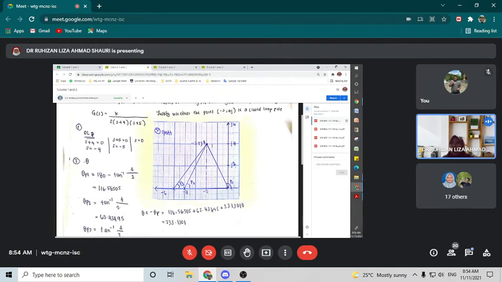Now you are not yet confirmed whether this point is on the root locus, because that's the question. So to check whether it belongs to the system, you have to use the angle criterion equation.